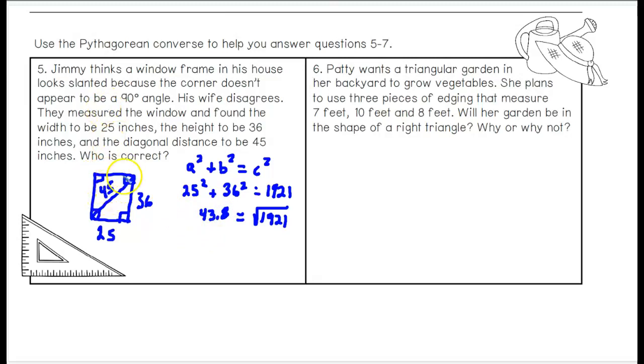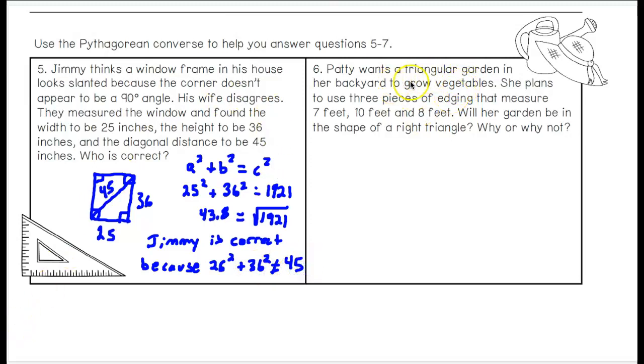His frame is not correct. So who is correct? Jimmy is correct, because 25 squared plus 36 squared does not equal 45 squared.